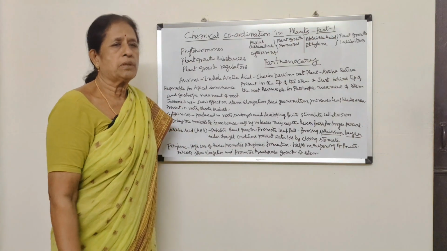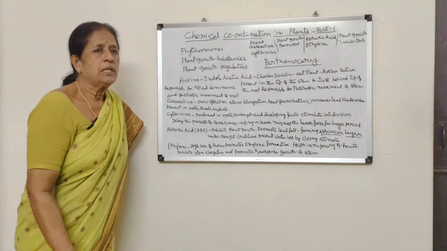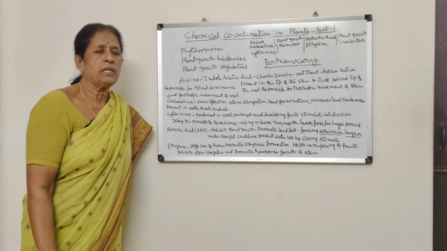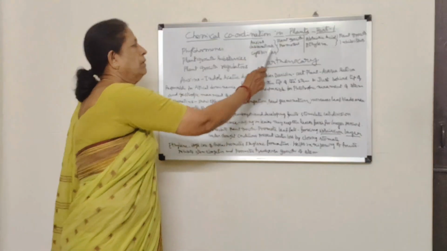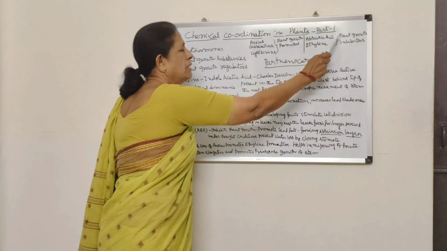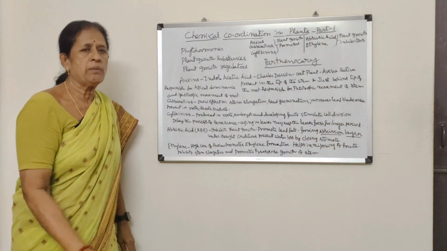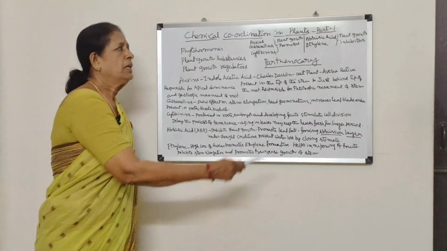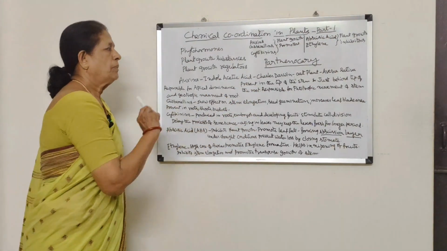They increase the growth of the plant, whereas abscisic acid and ethylene inhibit the growth of the plant, they stop the growth of the plant. So abscisic acid and ethylene are called plant growth inhibitors, and the others, which promote growth, are called plant growth promoters.